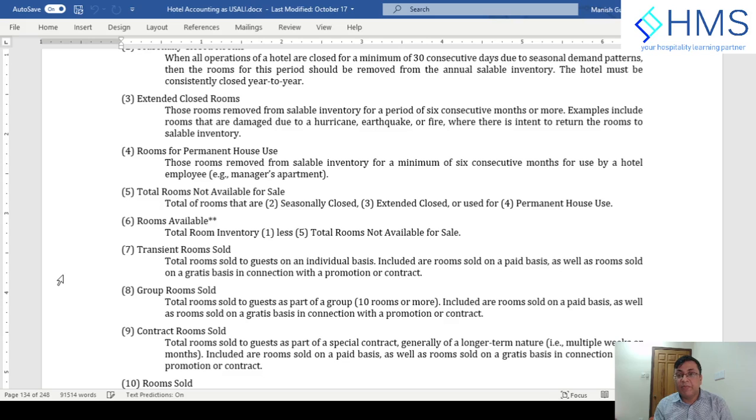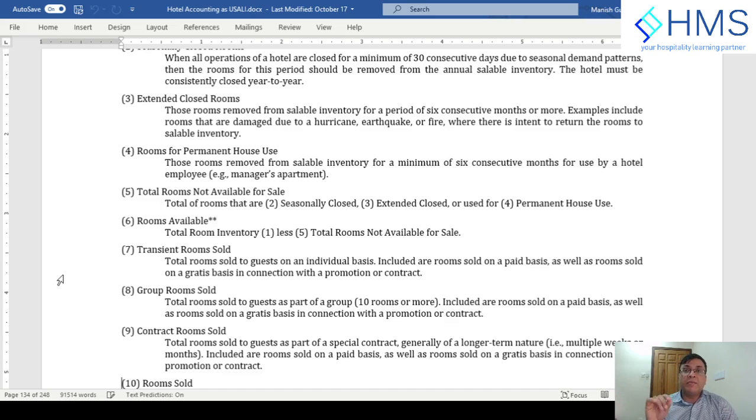So what does it mean? It means that the rooms which are sold for money, whether it's discounted or whether it's an 80% or 90% discount, but sold to the individual guest on a payment basis, will be considered as transient rooms sold.